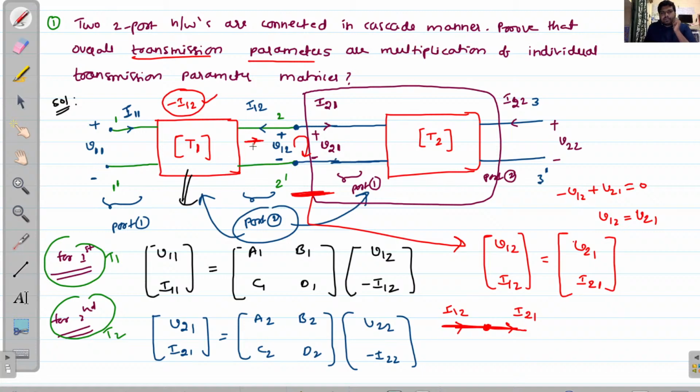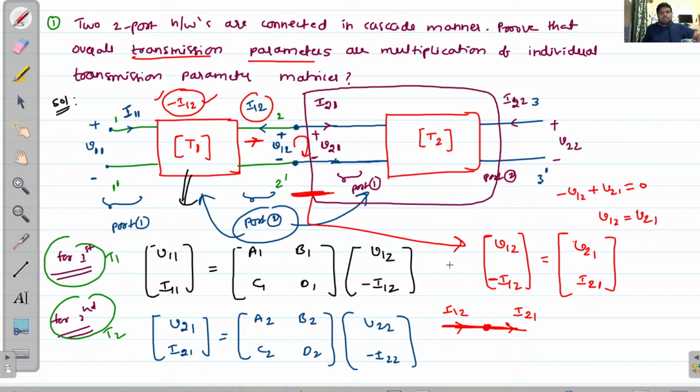In the opposite direction, in our standard model that is I12, but in our assumption this is in this direction, so while taking this direction you use the notation minus I12. So the V12 and minus I12 matrix can be replaced with V21 and I21.